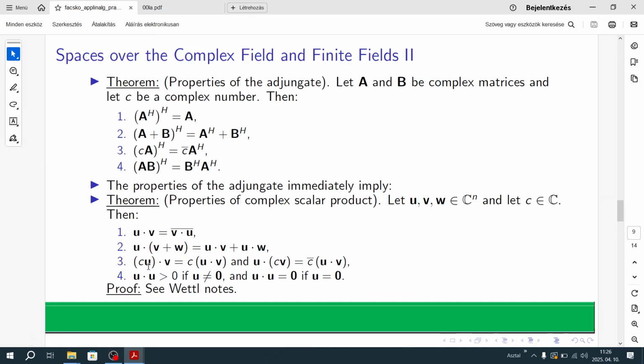So if you take a complex number and you do this scalar product, then in this case, this is your result. But in this case, here is the conjugate of this C. So it's not so simple.